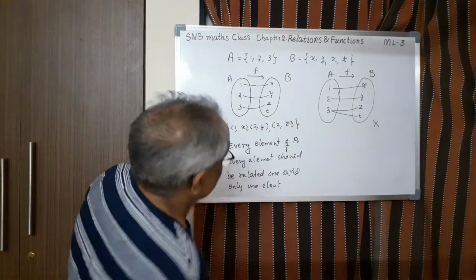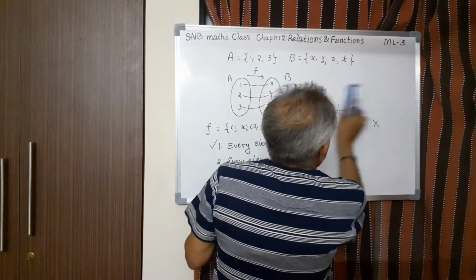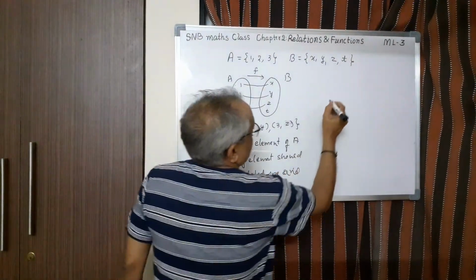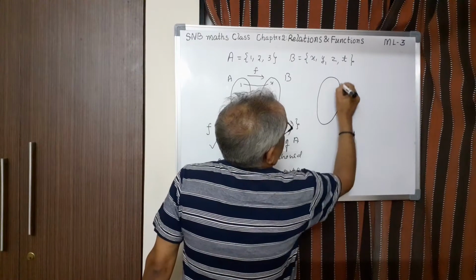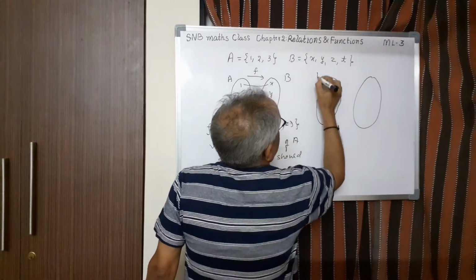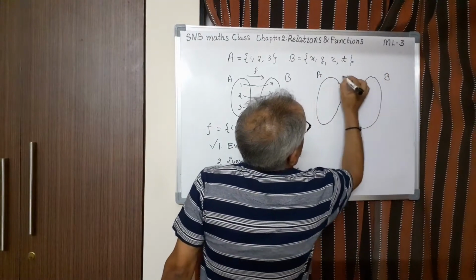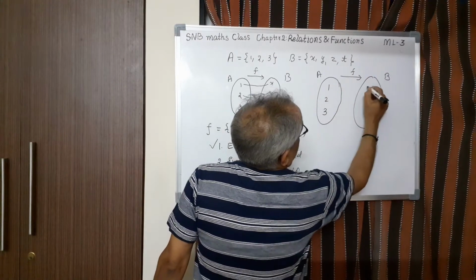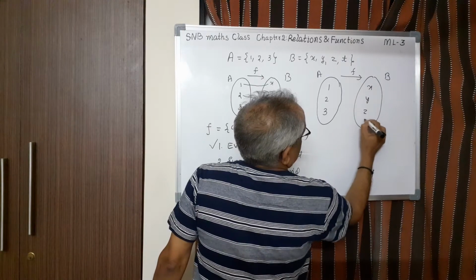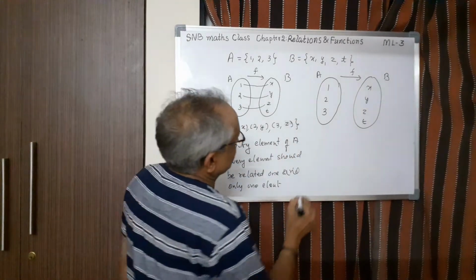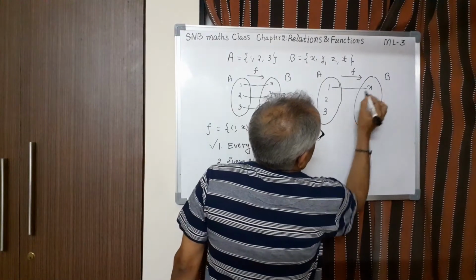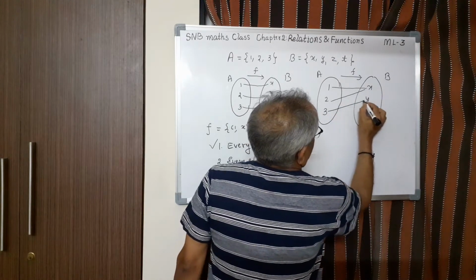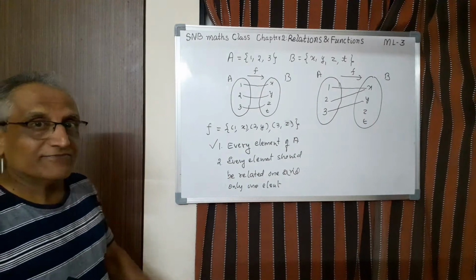Now let me clarify, because sometimes with this much example also, some students, they have a confusion. Let me give another possibility. Say, same set only, A and B, and this F, 1, 2, 3, X, Y, Z, T. Suppose I take 1 is going to X, 2 is also going to X, 3 is going to say Y. Is it a function?